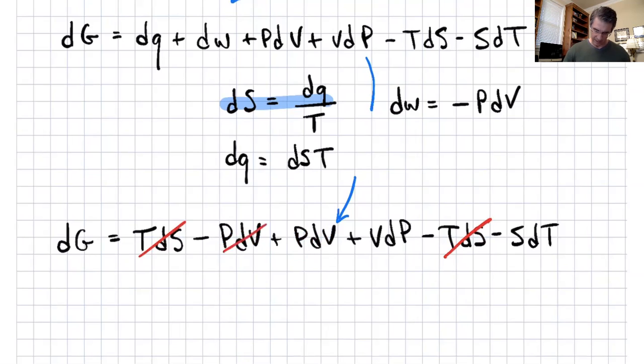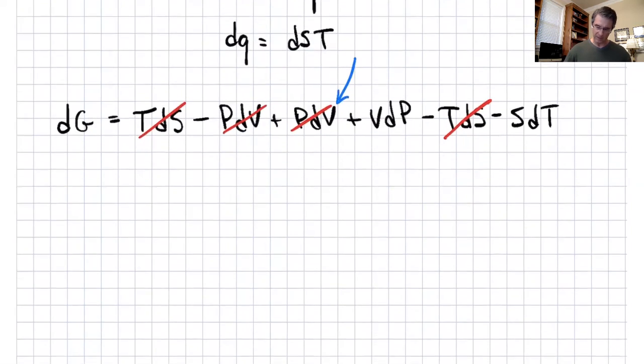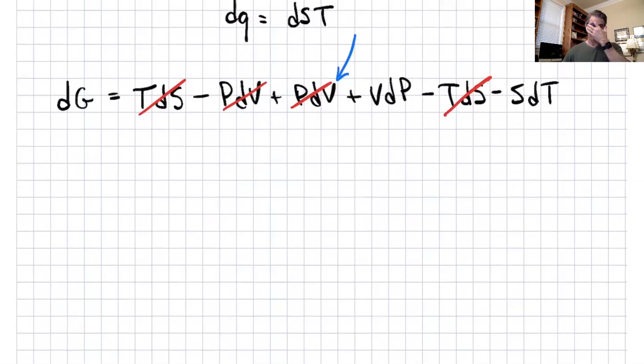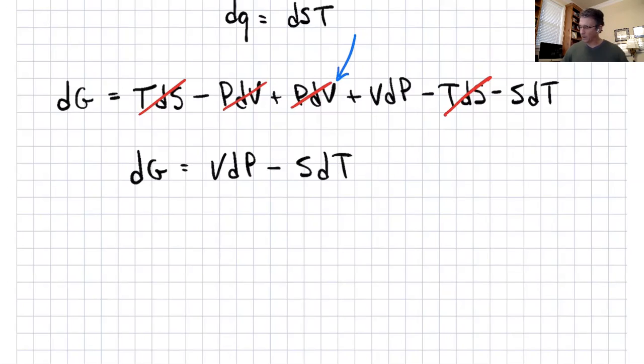So now our expression for the differential form of the Gibbs work function is just dG equal to VdP minus SdT.